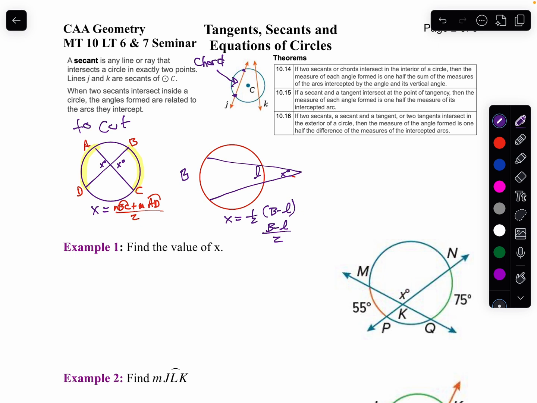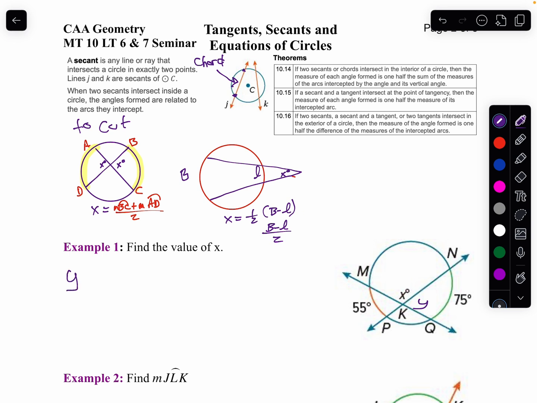So if I look at example 1, and it's supposed to find X, notice I can't find X. I don't know those arcs. I don't know arc MN. So what can you do if you don't know what to do? Notice I can find, let's call this Y, I can find angle NKQ.